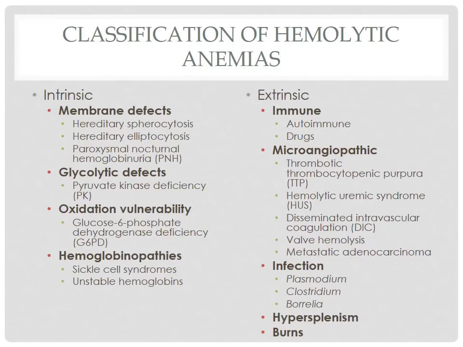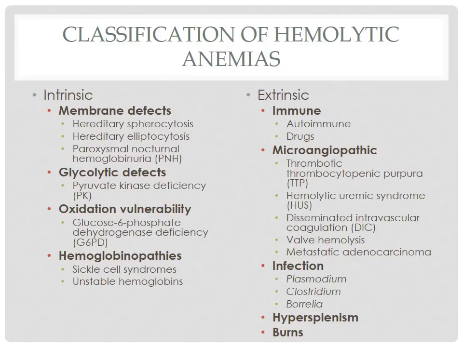Hemolytic anemias are classified as intrinsic or extrinsic. The intrinsic include things such as membrane defects, glycolytic defects, oxidation vulnerability, and hemoglobinopathies. And extrinsic causes include immune causes, microangiopathic causes, infection, hypersplenism, and burns.